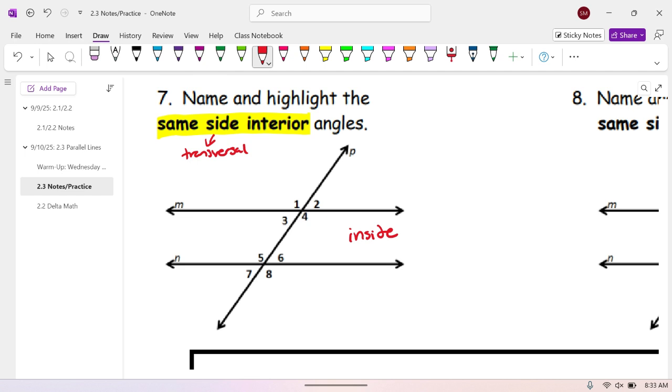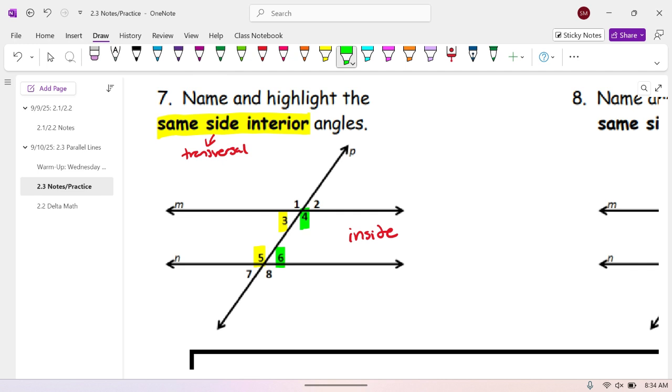Now, someone name me one set of same side interior angles. 3 and 5. Those are same side interior. They're both within the inside of the parallel lines, and they're both on the same side of the transversal. So by process of elimination, that means 4 and 6 are other sets. Now, we know already that the alternate interior are congruent.